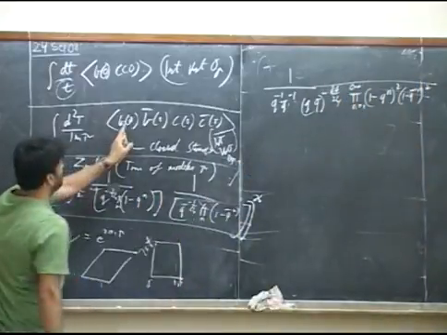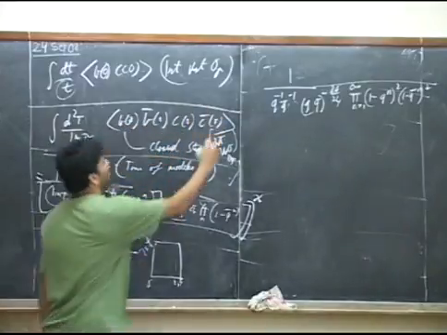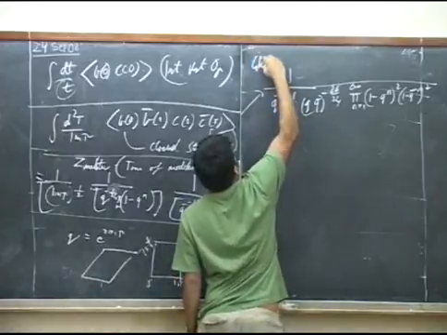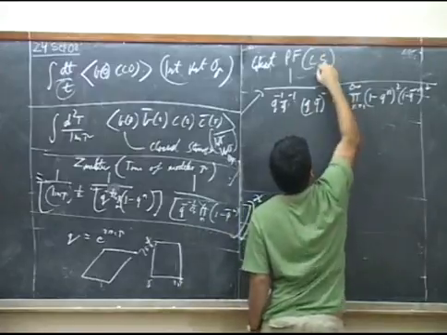I'm claiming that this partition function with the B bar C, C bar insertion, the ghost part, is equal to this.